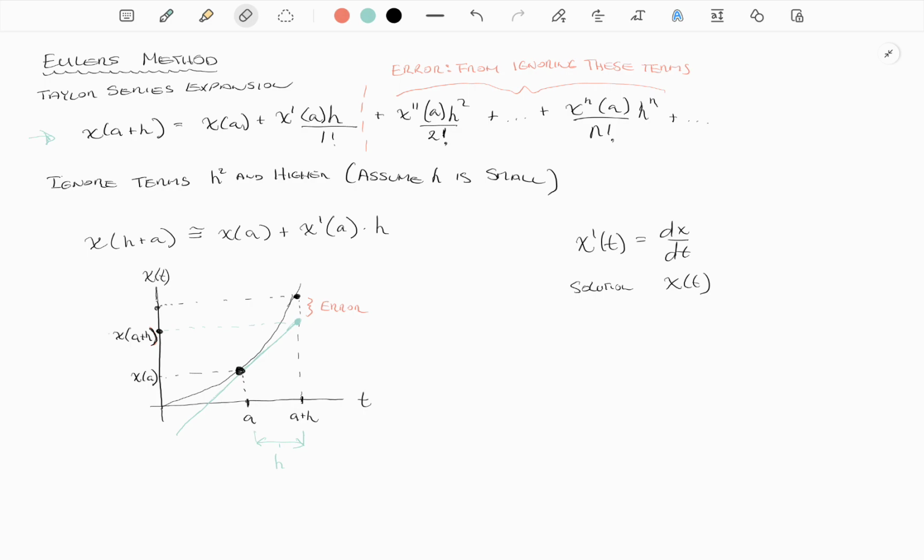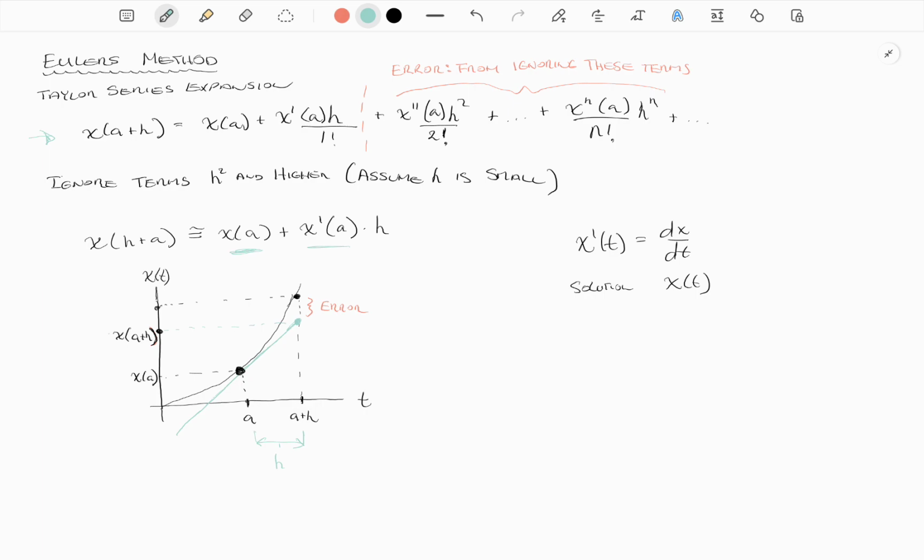So the x double prime terms, the triple prime terms, etc. And it approximates the value of the next point based on the value of the previous point, x at a, plus the slope at the previous point times h.